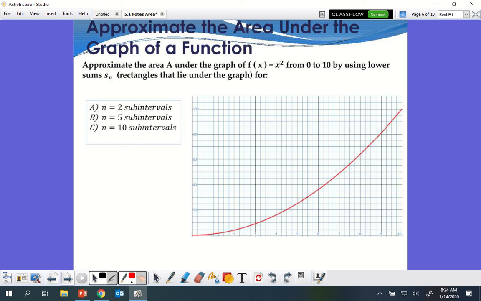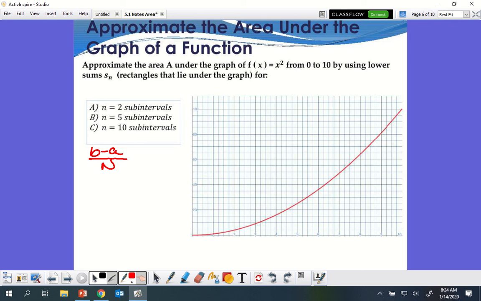And if my graph goes from 0 to 10, and I want 2 subintervals, to figure out my intervals, it's going to be my b minus a divided by n. That's going to give me my subintervals.